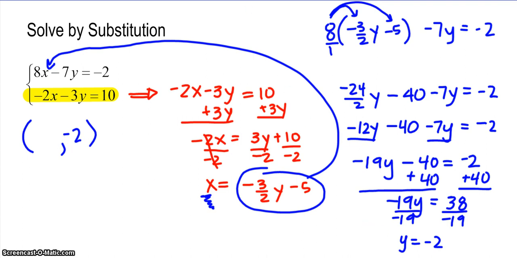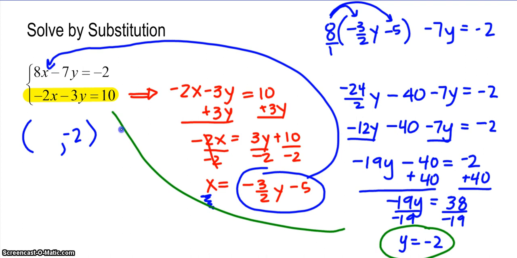So what do we do with this y equals negative 2? Well, there's a few things we can do. We can put it into either the first equation or the second equation. I like smaller numbers, so I'm going to use the second equation, and I'm going to say that negative 2x minus 3 times negative 2 equals 10.